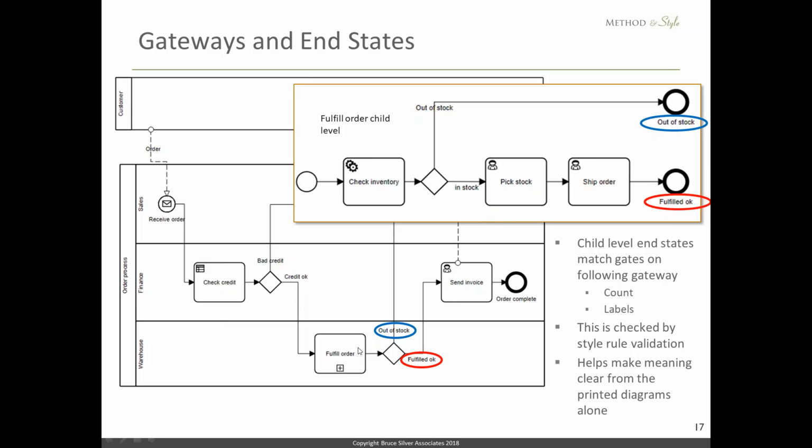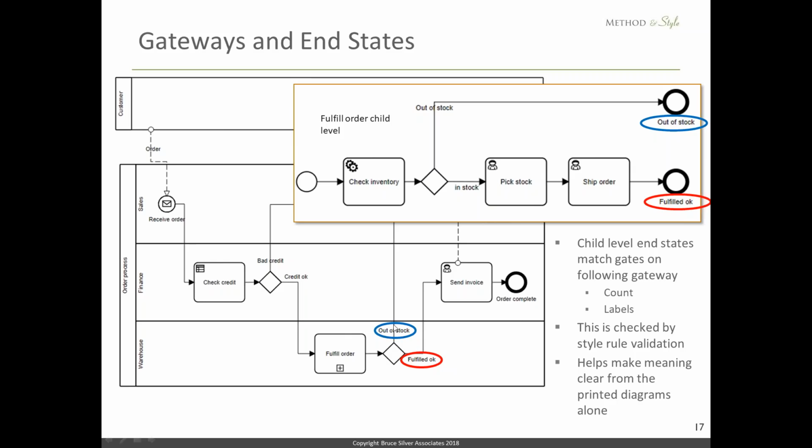But we also know that when we expand fulfill order in the child level, each end state has its own end event labeled with the name of the end state. So two end states, fulfilled okay and out of stock. So there's this count matching, two end states, two gates, and label matching, fulfilled okay, out of stock.